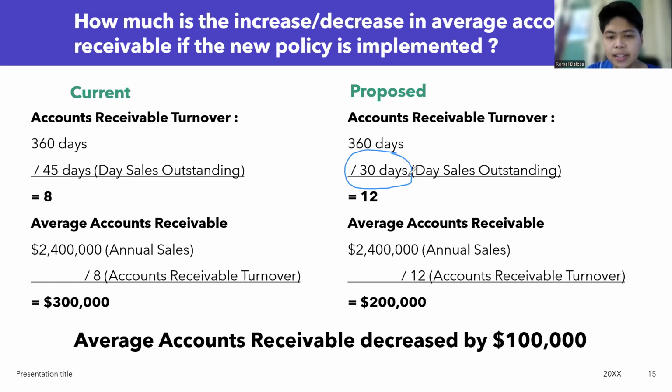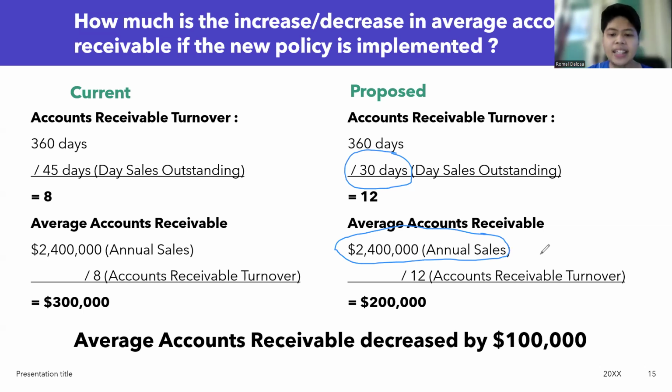day sales outstanding. Okay. Another possible change is in the sales. In this problem, the annual sales did not change. It's presumed to be the same. But in most of the problems, this will also change. Why? Because again, there are policies that will increase your sales, and there are policies that will decrease your annual sales.